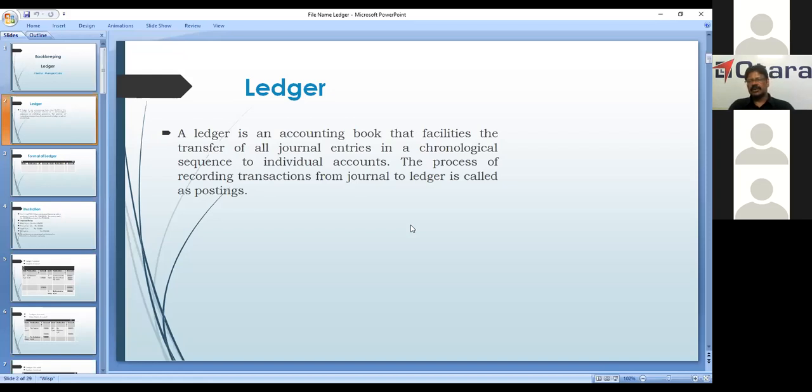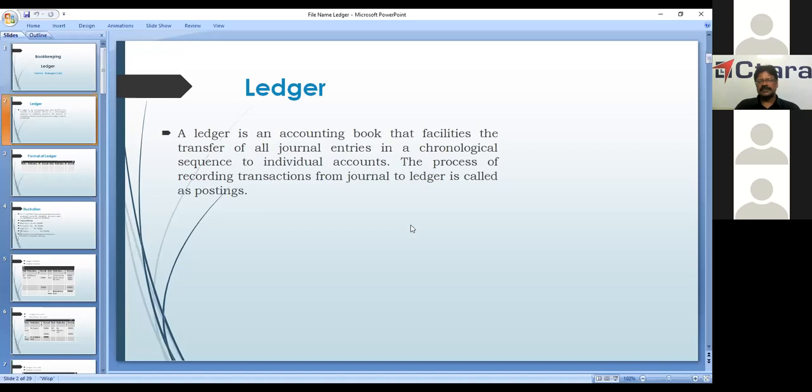But if we open the ledger, we know the position of purchases and sales. A ledger is an accounting book that facilitates the transfer of all journal entries in a chronological sequence to individual accounts.